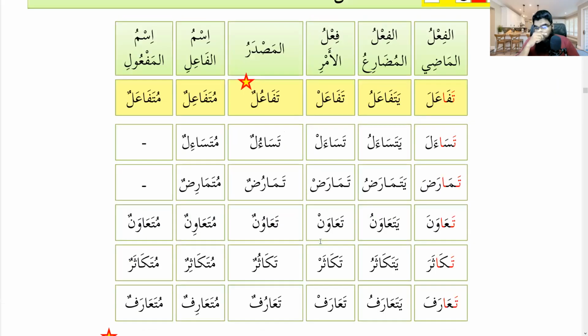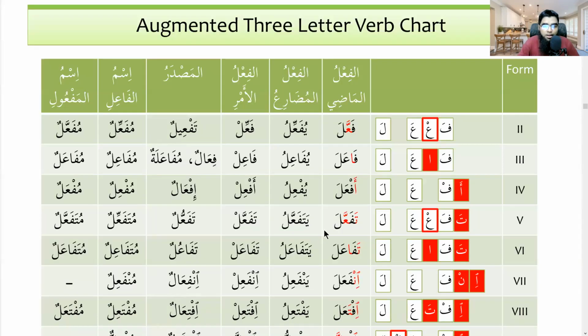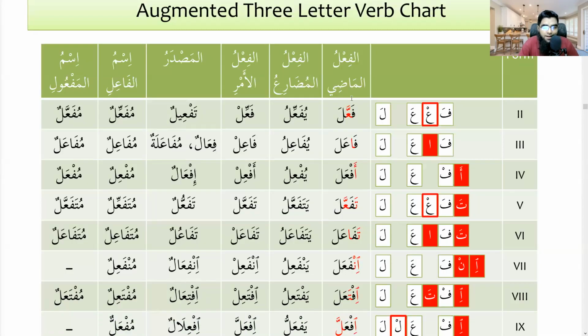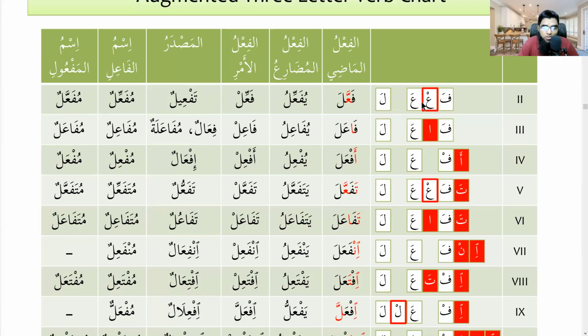Okay, so go and practice this form 2, because if you don't practice, see, fa'ala, he gives all the conjugations of form 2. Fa'ala, fa'il, taf'il, mufa'il, mufa'al. See, form 2 is just doubling this letter. Taf'il, mufa'il, mufa'al.